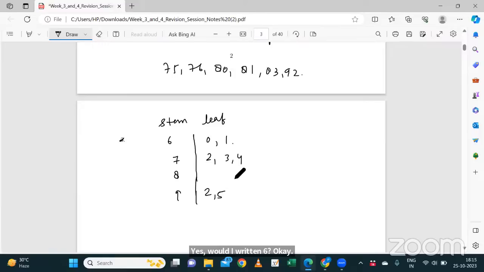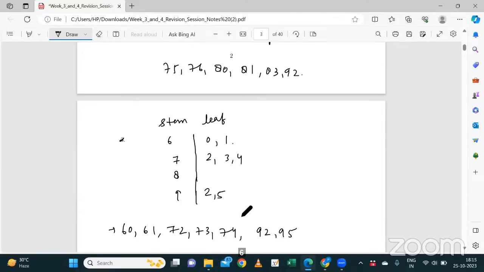Now tell me what the observations are: 60, 61, 70, 72, 73, 74, 92, 95. There is an 8 stem, but there is no leaf for that.